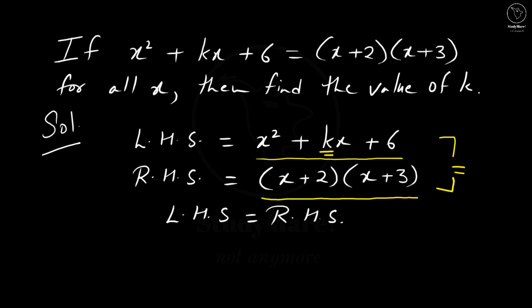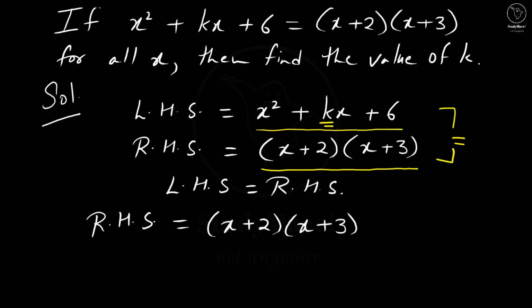So let's start simplifying the RHS, which is x plus 2 into x plus 3. There is no identity that fits into this, so we can multiply it directly.